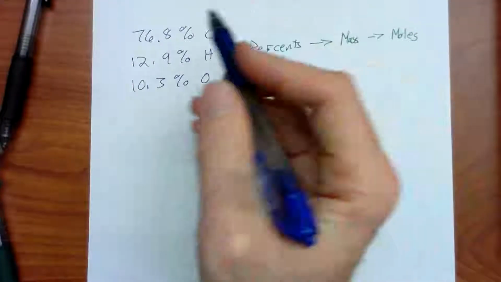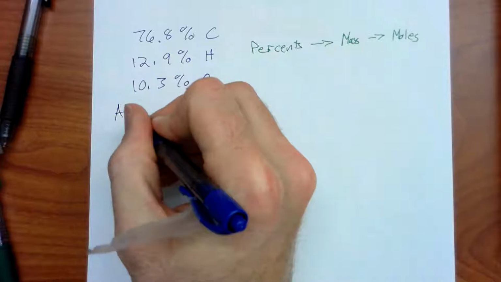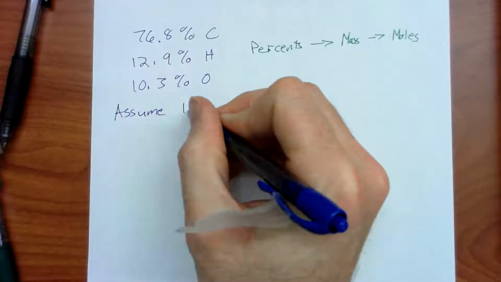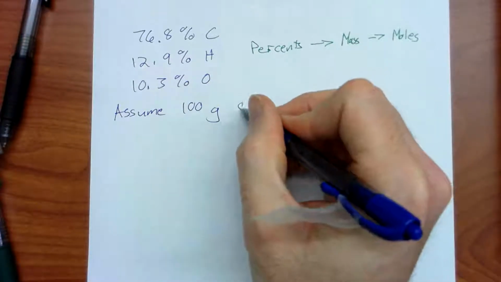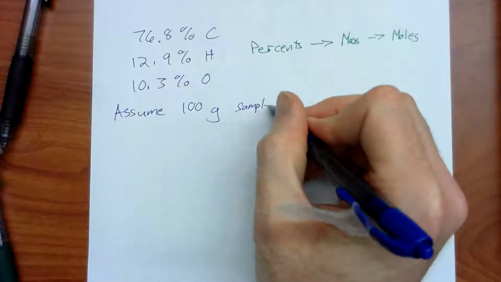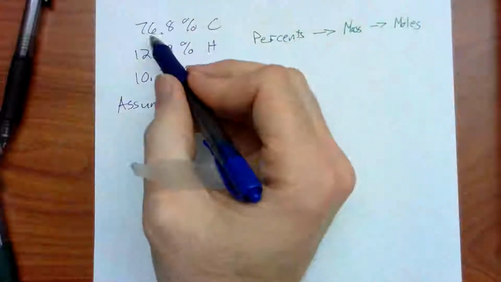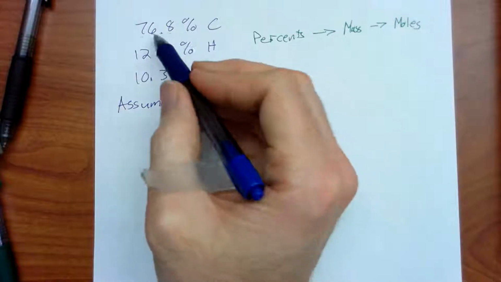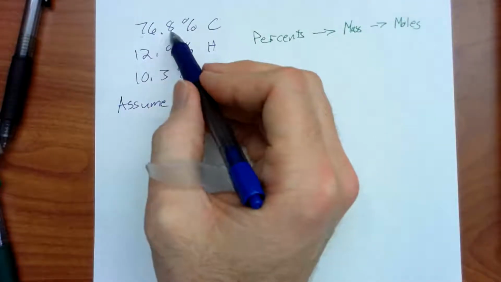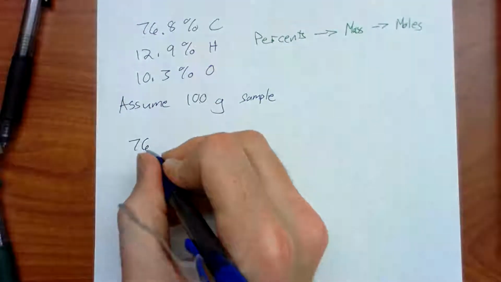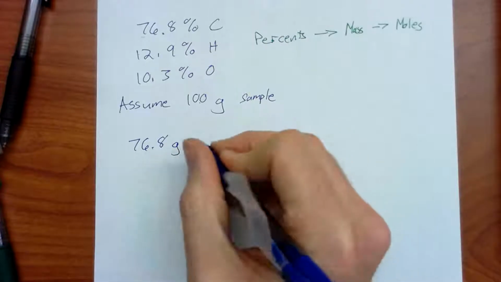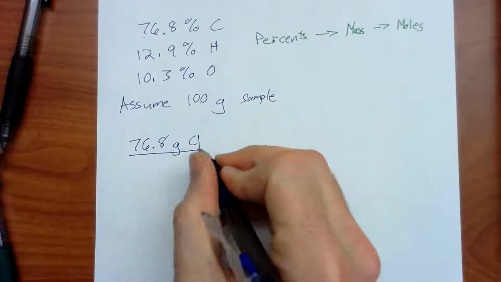Since we found the percents, we're going to assume a 100-gram sample. When we assume a 100-gram sample, it just makes our calculations easy because 76.8% of 100 grams is 76.8 grams of carbon. Very nice.